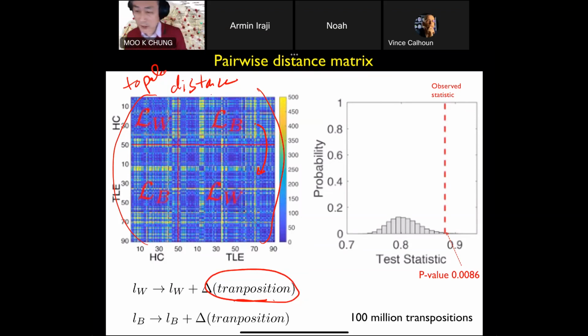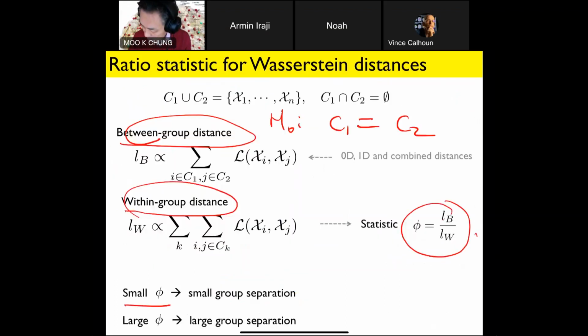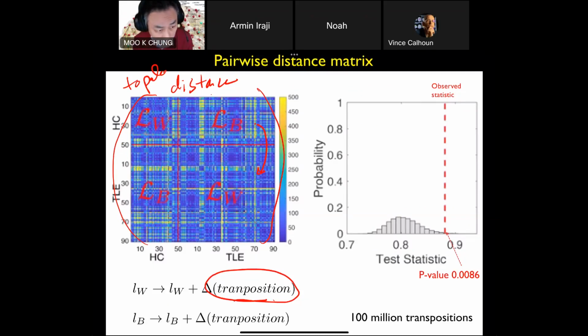You may think, oh, that might be very slow. Yes, it's actually slower than the permutation test, but we can compute much faster. The ratio statistic can be computed much faster than with the traditional approaches. In the permutation test, each time you permute, you have to recompute things again and again.